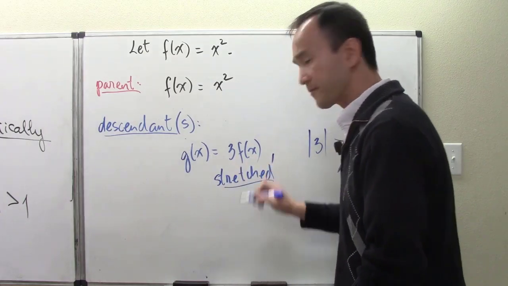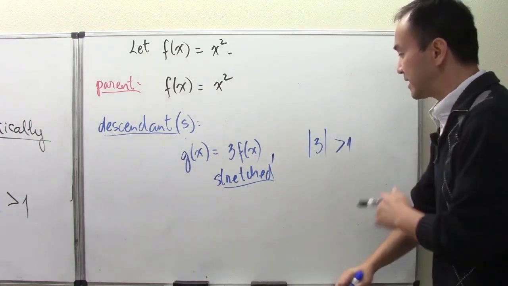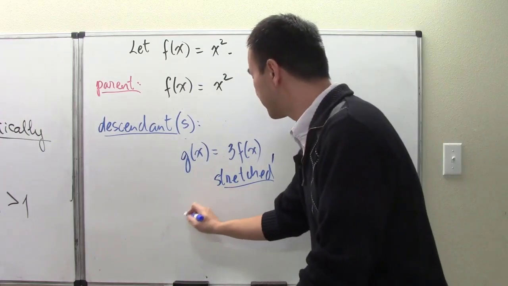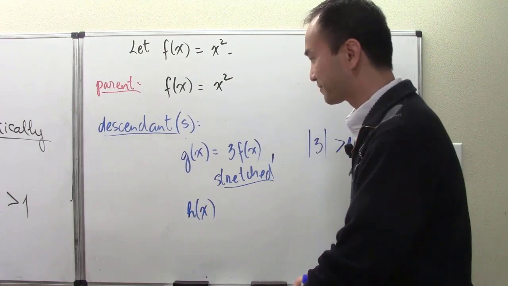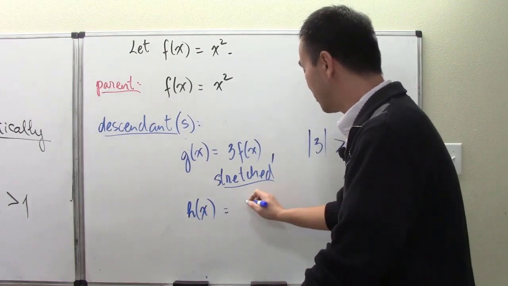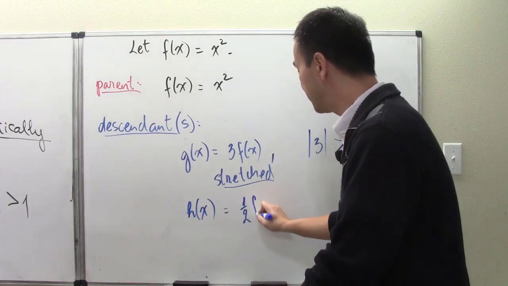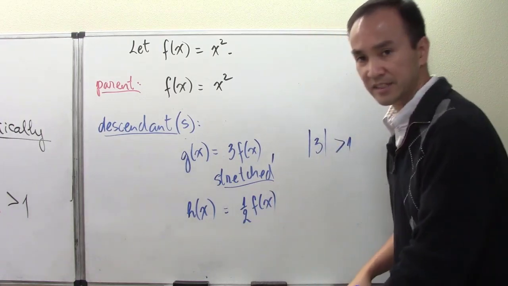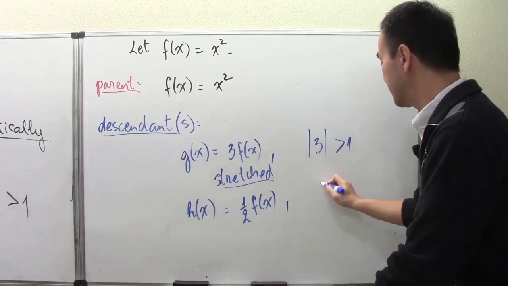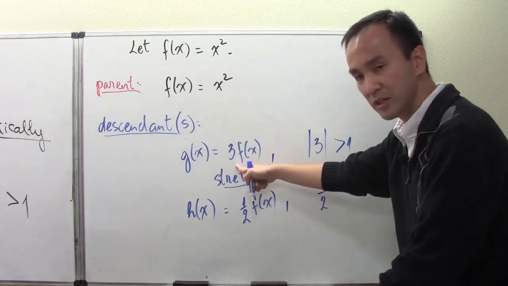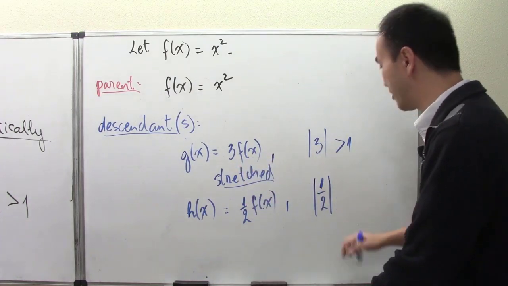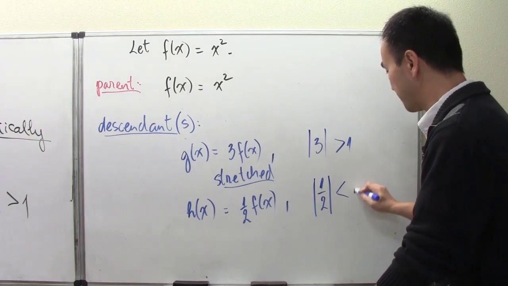And then we came to h of x, and it was 1/2 f of x. The c itself here was positive, similar to g, but in the end, the absolute value is less than 1.